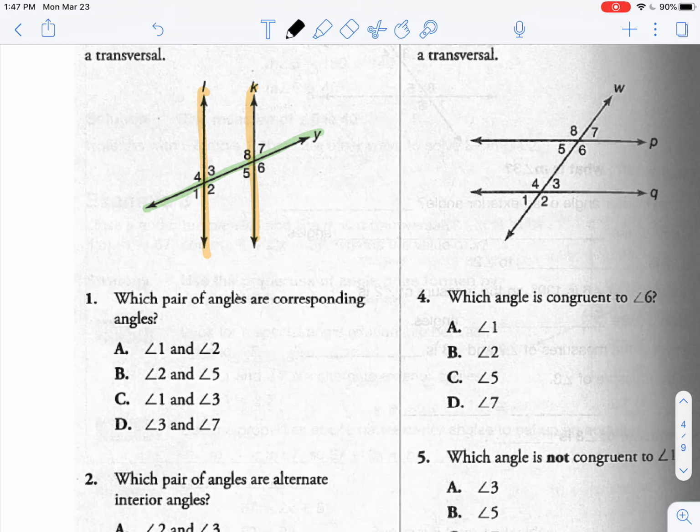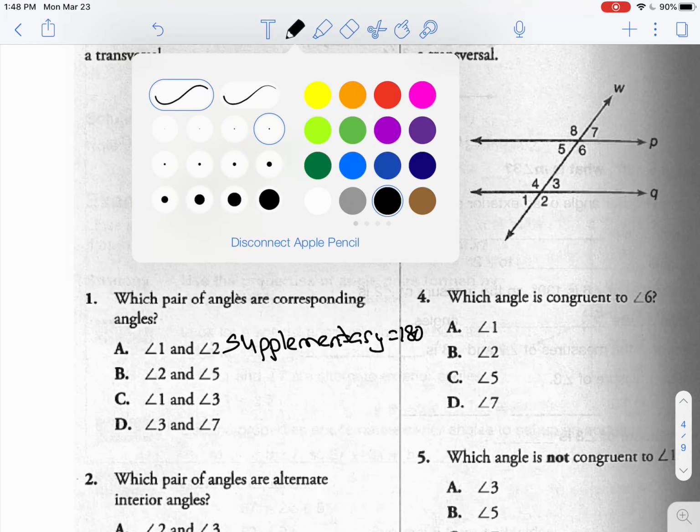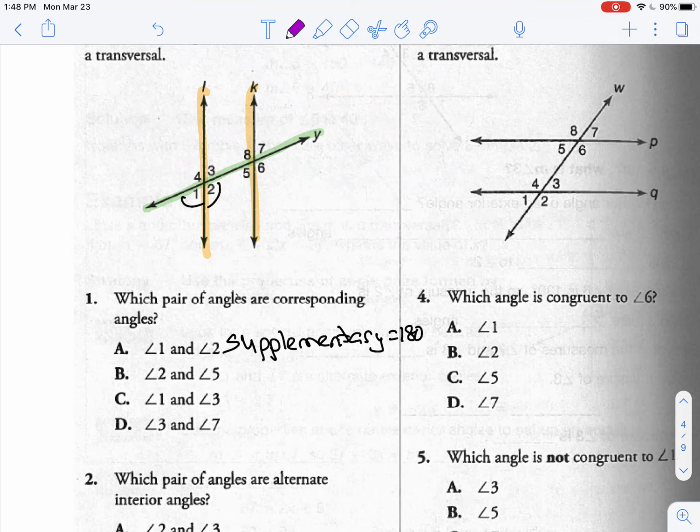So they want to know which pair of angles are corresponding. So the first thing you're going to do, of course, is you're going to identify the relationship. So you have angle 1 and angle 2. Angle 1 and angle 2 make a straight line. So you're going to write what kind of angles they are and that they equal 180 degrees.